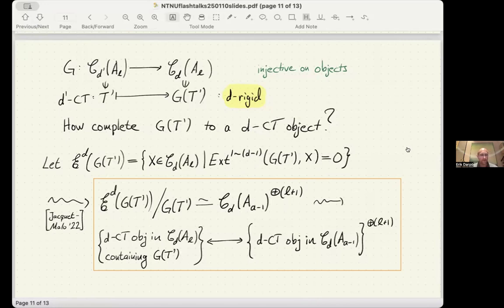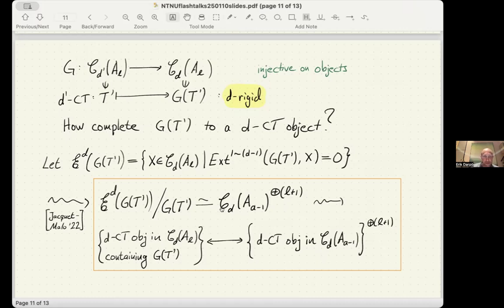And now, with some work using results by Jacques and Malot, you can show that if you take this category and you take the Iyama-Yoshino reduction with respect to this image of the cluster tilting object T prime, this is actually isomorphic to l+1 copies of this much smaller d-cluster category.